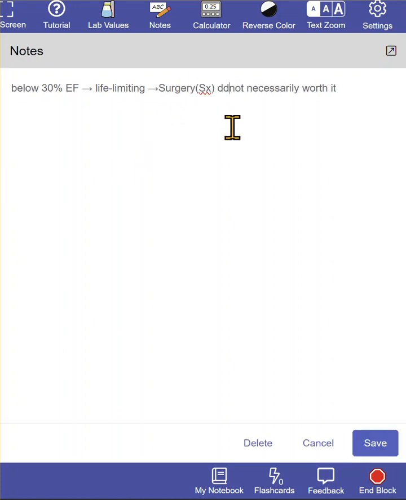I'm just going to put a not symbol here. So it's not indicated. Whereas, like, if you're symptomatic with below, so specifically symptomatic and below 30% life-limiting, surgery is not indicated, I should say.